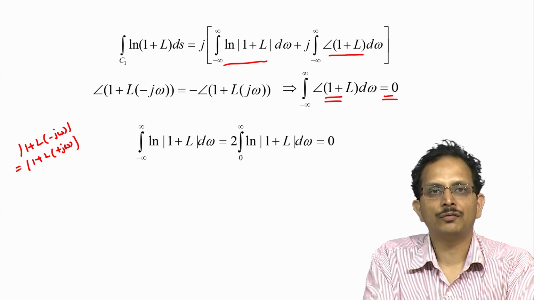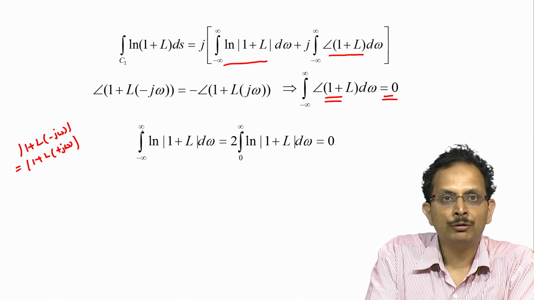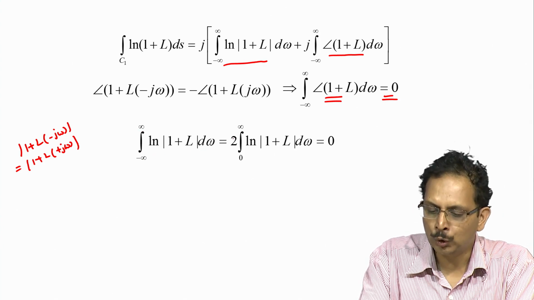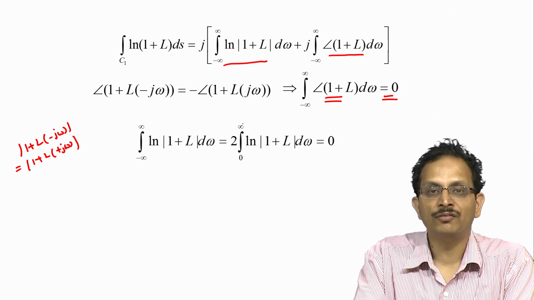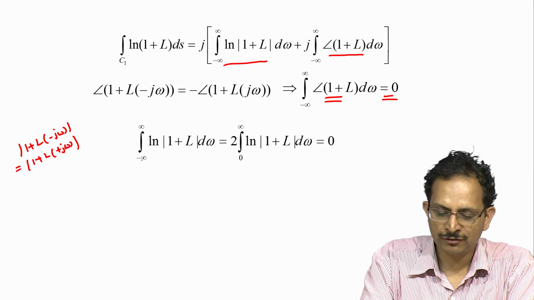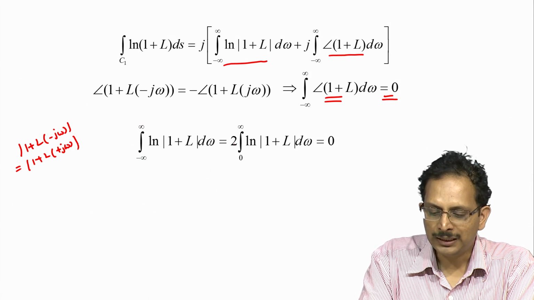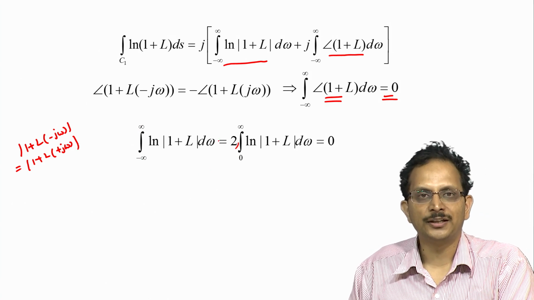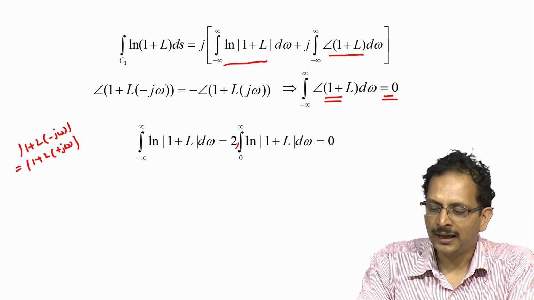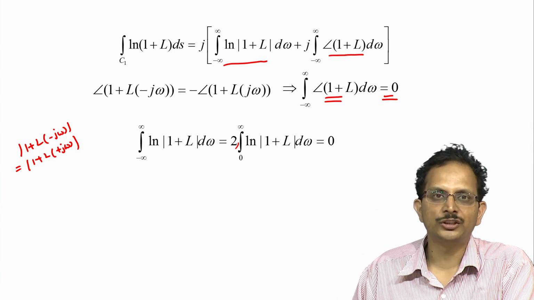As a consequence, the integral from minus infinity to infinity of ln of magnitude of 1 plus L d omega is equal to 2 times the integral from 0 to infinity of the same term. So, the limits of integration can be changed from minus infinity to infinity to 0 to infinity by multiplying this first integral by a factor of 2. And we note that this entire integral has to now be equal to 0 as a consequence of Cauchy's theorem.